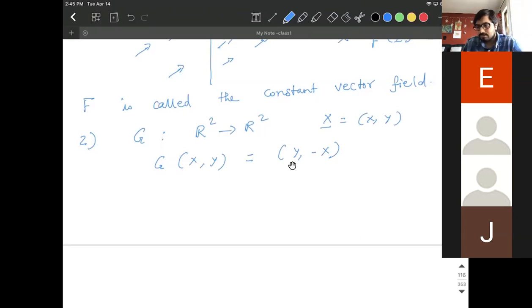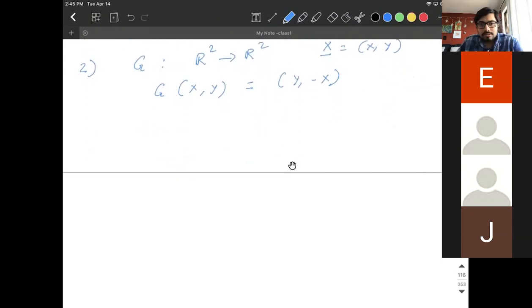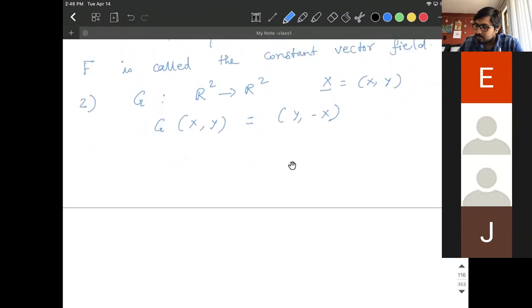So take a vector, then what does this do? So first you flip, right? So there are two operations hidden in here. So first you flip the coordinates y and x, and then you reflect along the y-axis.